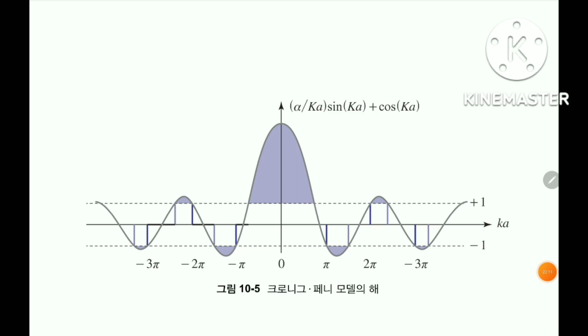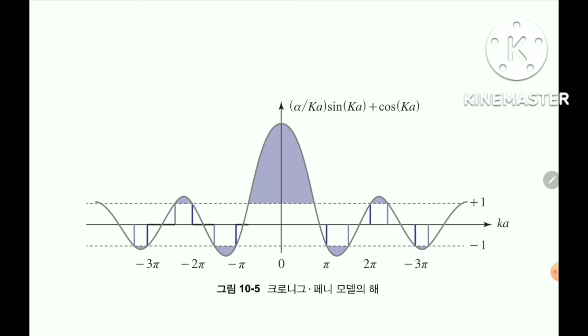The solution of this model is that F(Ka) has this functional form with oscillation, but cos small ka is within plus minus 1, therefore it should reside within plus minus 1. Therefore, this shaded region is the prohibited region, and the allowed case is where the function is within plus minus 1.